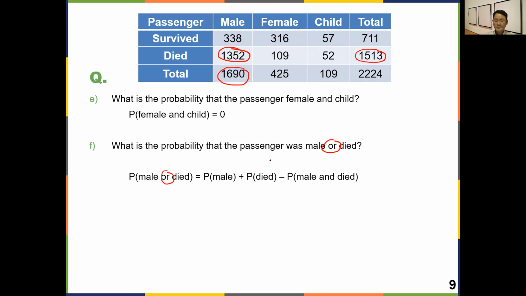So probability of male: 1,690 over this number, the total. Probability died, right here: 1,513 over the total. How many of them are male and died? A lot of them, right? Right there: 1,352.